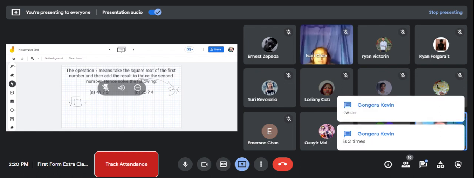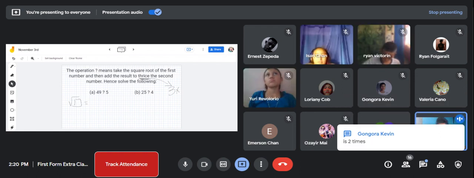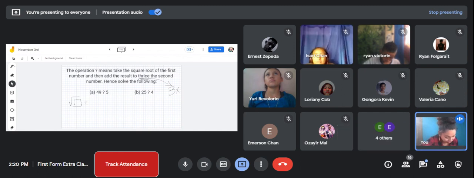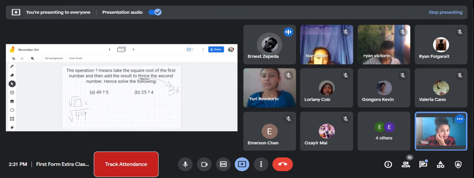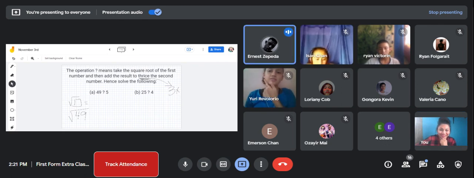So we're going to take the square root of the first number. My first number over here is 49. What is the square root of 49? 7. Why is it 7? 7 times 7 is 49. Very good.